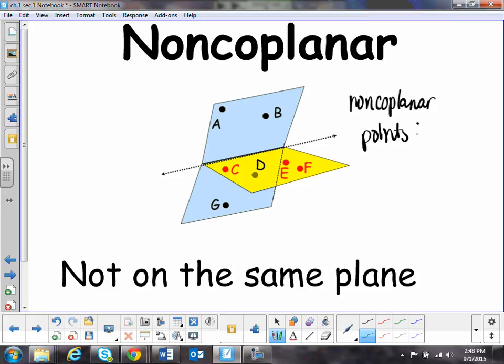Here, you can pick one from the yellow plane, let's just say F. F, A, and B would not be on the same plane. Again here you want to have at least 3, because again, these 2 points are on the same line, therefore would be on the same plane.